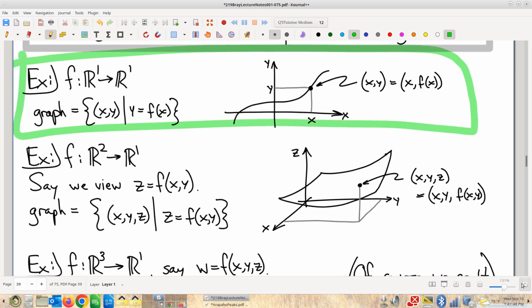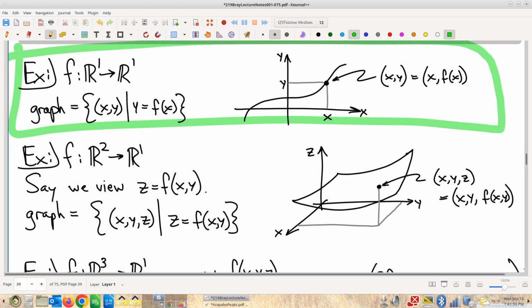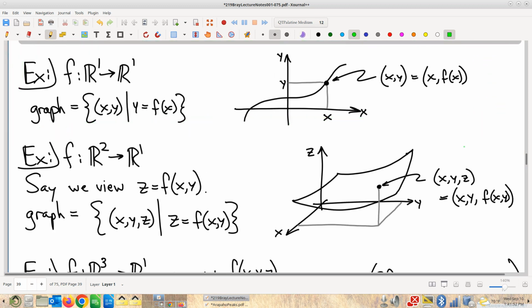This is the graph of a single variable function, and let me walk you through the obvious, but for the purpose of setting up the analogy that we will extend to the higher dimensional setting in just a moment.